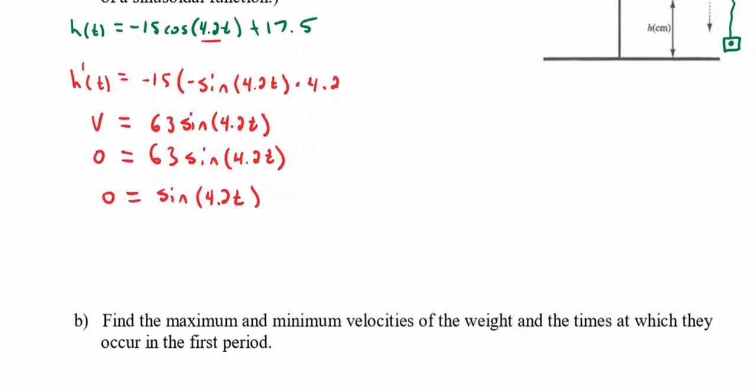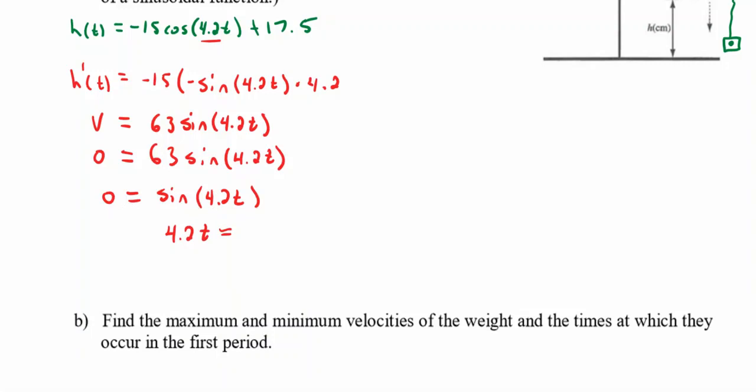Now, this is why we had to do some review for Math 30-1 concepts. This is a double angle, isn't it? Which isn't that bad. All we're going to do is pretend for a second that this is one angle. Just forget about the 4.2 and call that theta for now. So what would 4.2 t be equal to? Well, it's whatever theta is when sine theta is equal to 0, right?